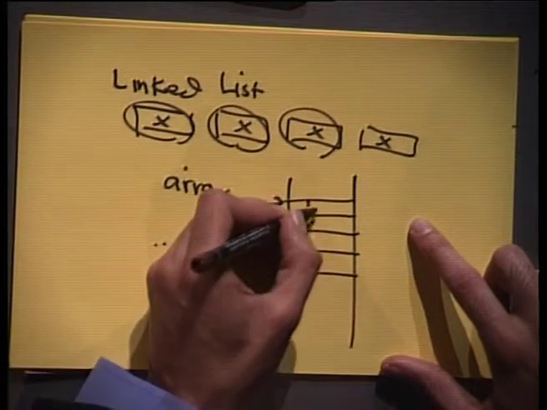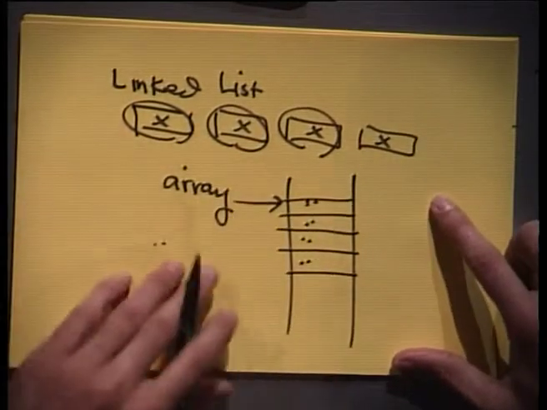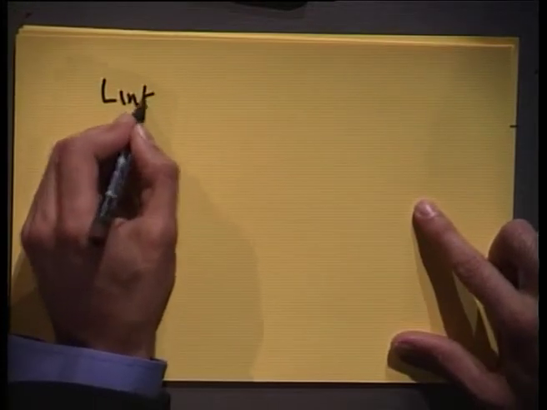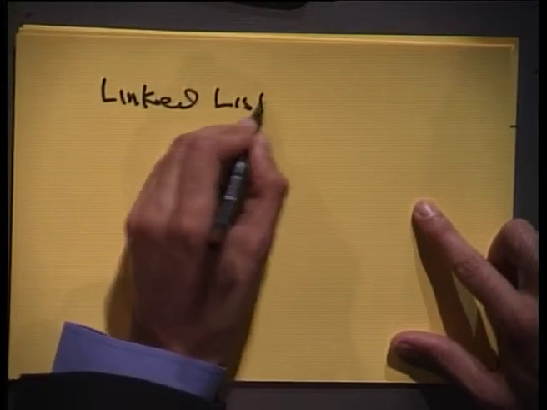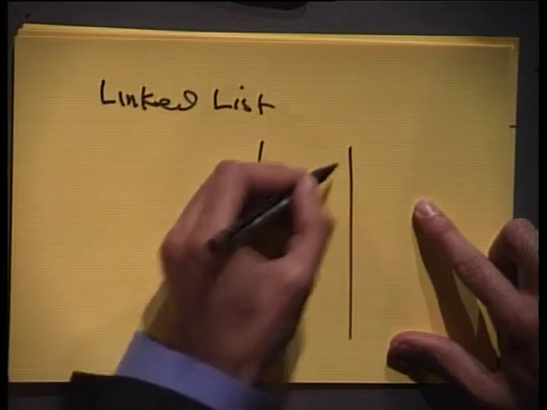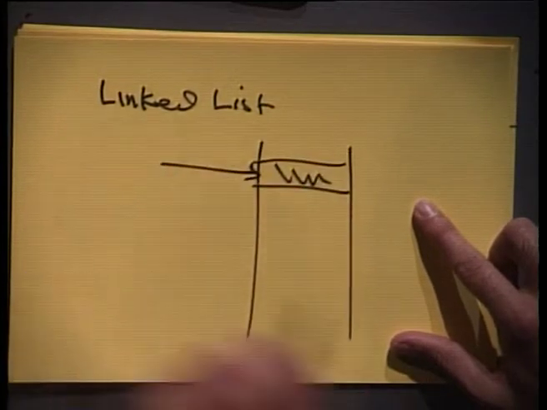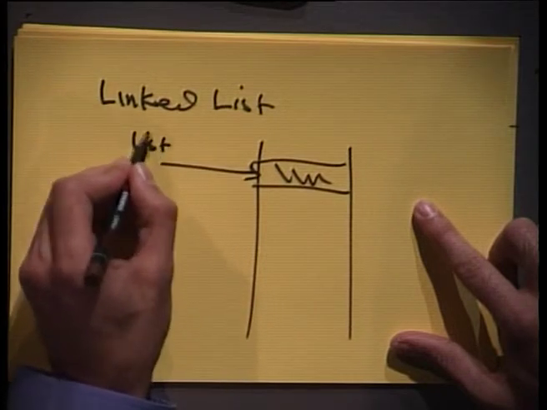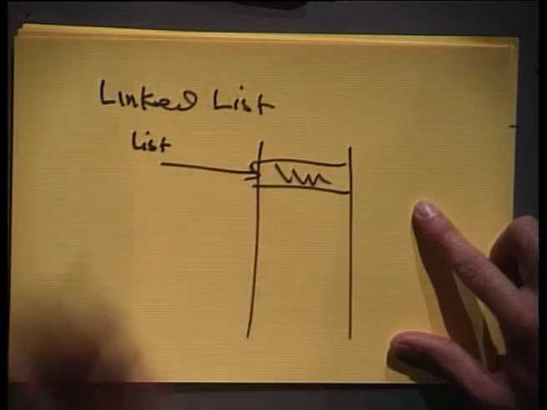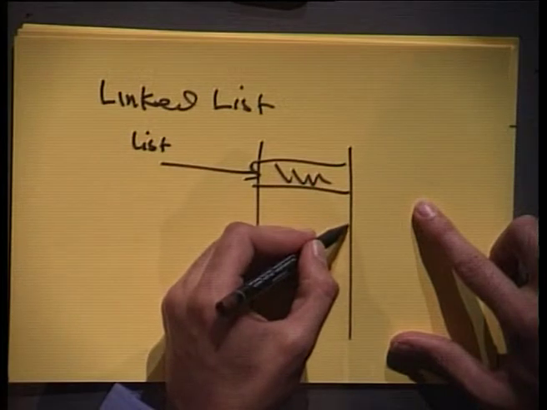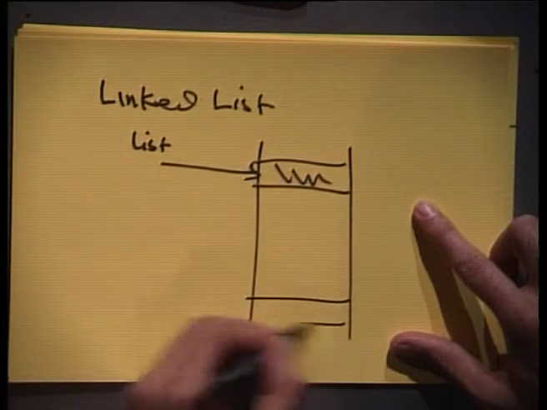So I could have the first one here. Here's the memory, and this is my first node of the list. Okay? So I'm just going to call it list. The second node does not necessarily go here, but rather could be down here.